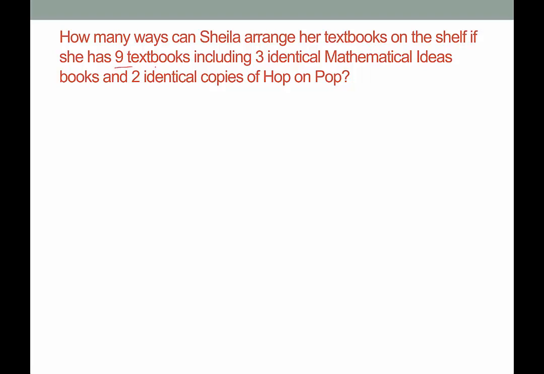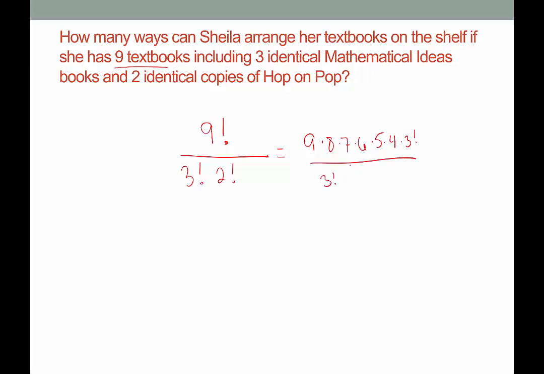So if there's 9 textbooks, that would be 9 factorial. And then we would want to divide out the repetitions. There would be 3 factorial for the mathematical ideas books and 2 factorial for the Hop on Pop books. And then everything else would just be 1 factorial, so we can ignore those. So this would be 9 times 8 times 7 times 6 times 5 times 4 times 3 factorial over 3 factorial, and then we expand the other one, 2 times 1.